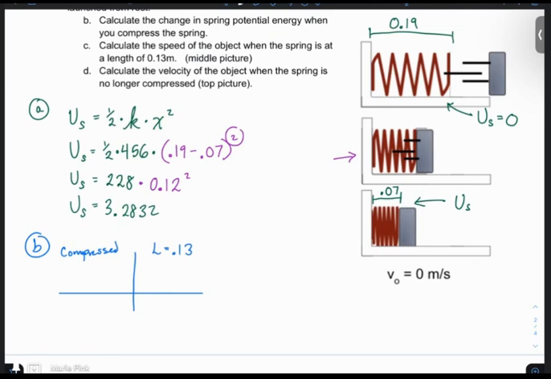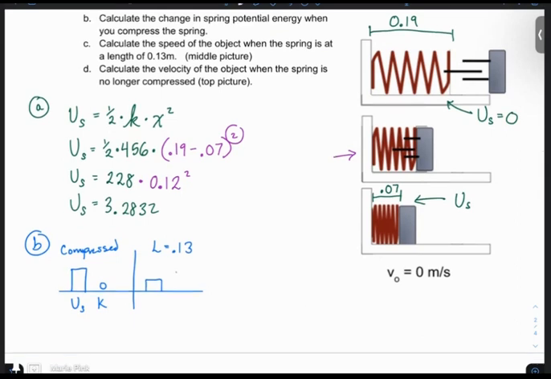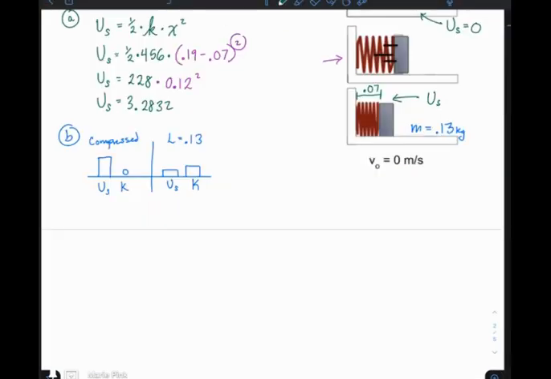So at the beginning, I have all spring potential energy. My kinetic energy is going to be 0 because it's not moving at that point when the spring is compressed. And then at this middle point, I'm going to have both some spring potential energy and some kinetic energy.